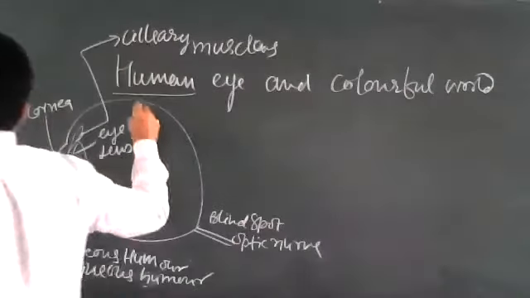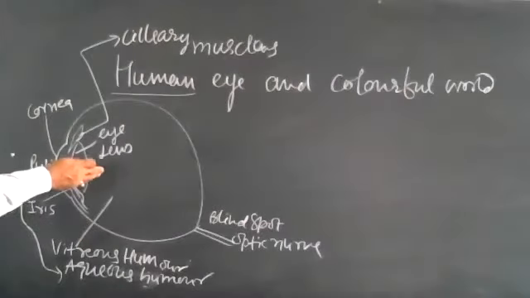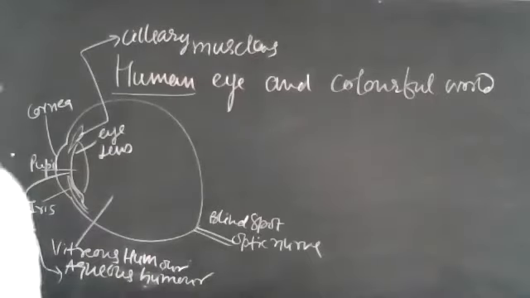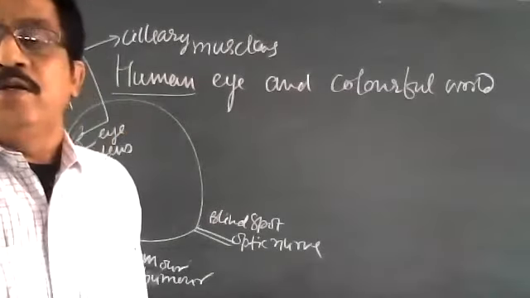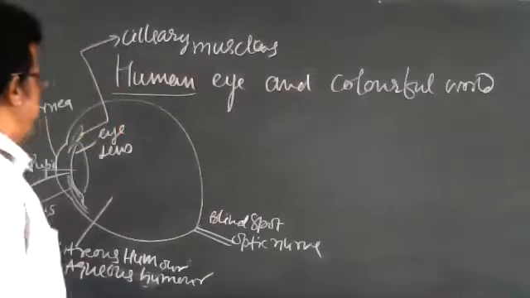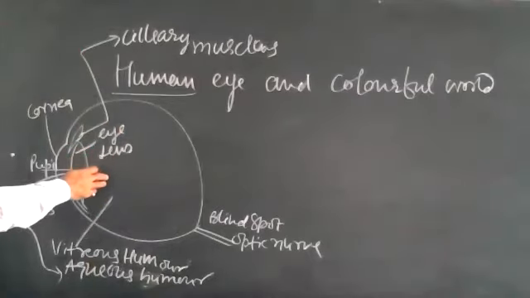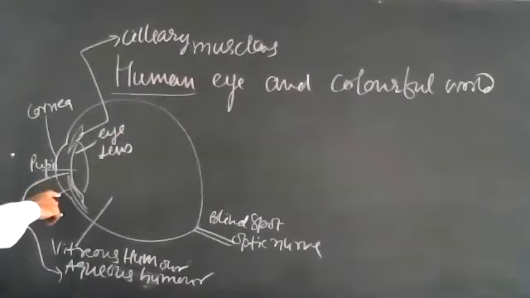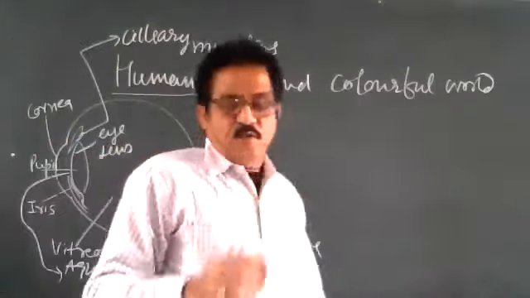So what is the role of the different parts of the eye? It is more or less like that of a photographic camera. So dear children, the front transparent part is the cornea. Cornea serves as a window of the eye.